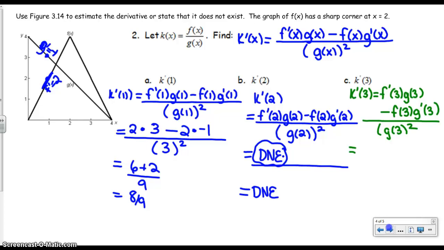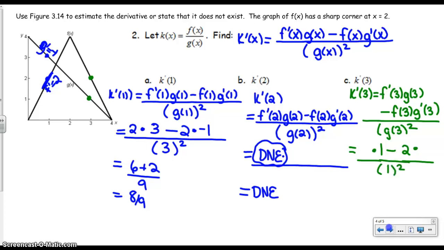Okay, so same idea. Find f of 3 and g of 3. So f of 3 is 2, g of 3 is 1. So on the bottom I just have 1 squared.